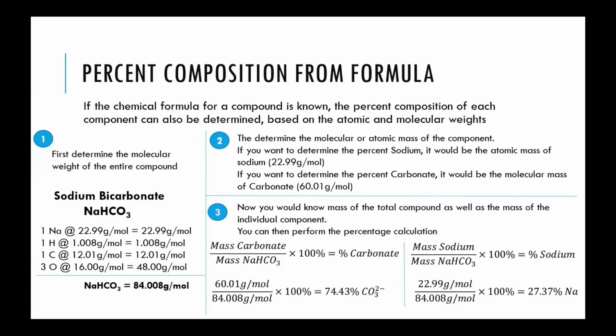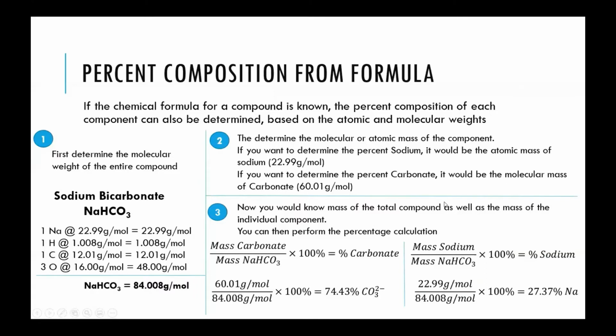Carbonate is not an individual ion. Carbonate itself is made up of both carbon and oxygen and has a molecular weight that can be determined to be 60.01 grams per mole. So in either case, you know the total mass of sodium bicarbonate.